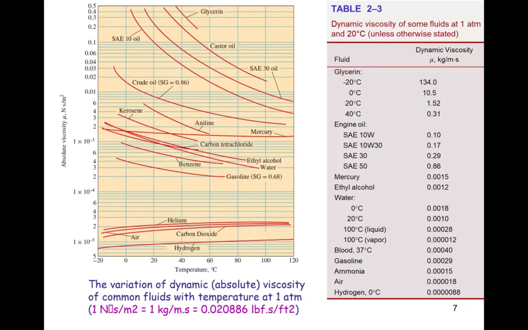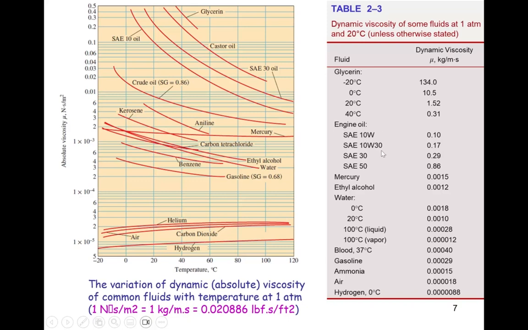This table on the right shows dynamic viscosity, or mu, at 1 atmospheric pressure and 20 degrees Celsius for different materials: water, mercury, oil, and so on.